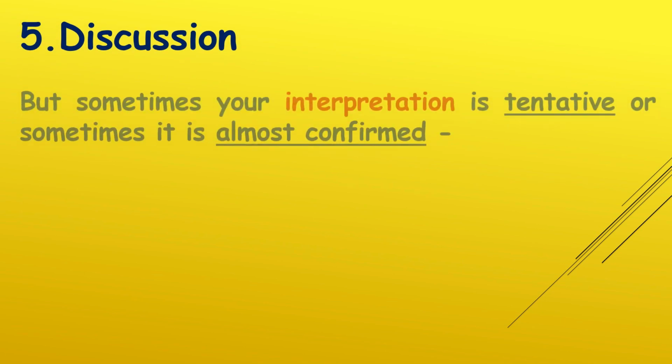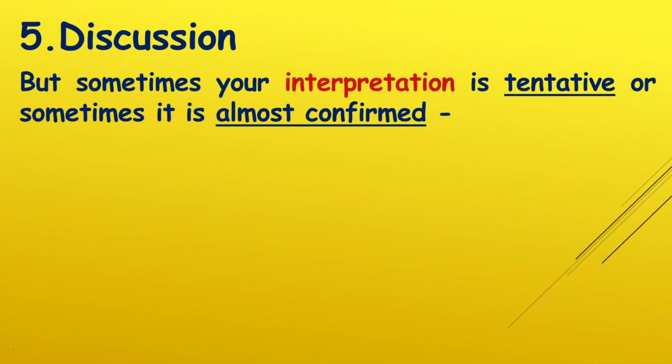But sometimes your interpretation is tentative, or sometimes it is almost confirmed. Like you conduct an experiment and after that, sometimes you are pretty sure about the mechanism because all the results are directing in one direction. But sometimes you face a condition when you can't clearly mention the mechanism of your outcome.